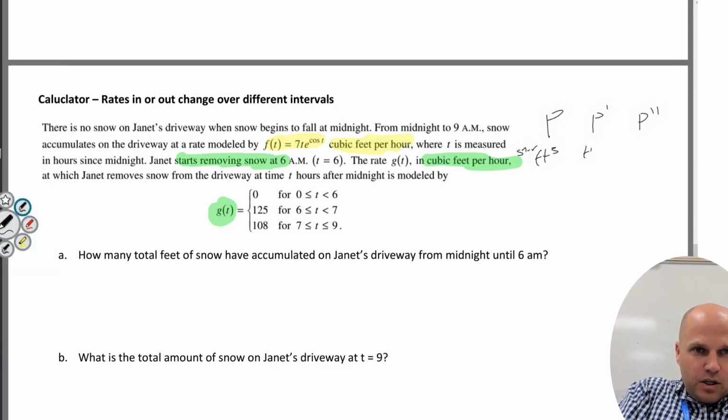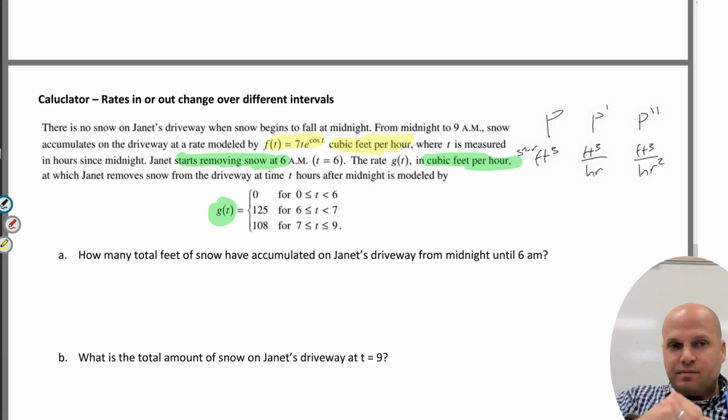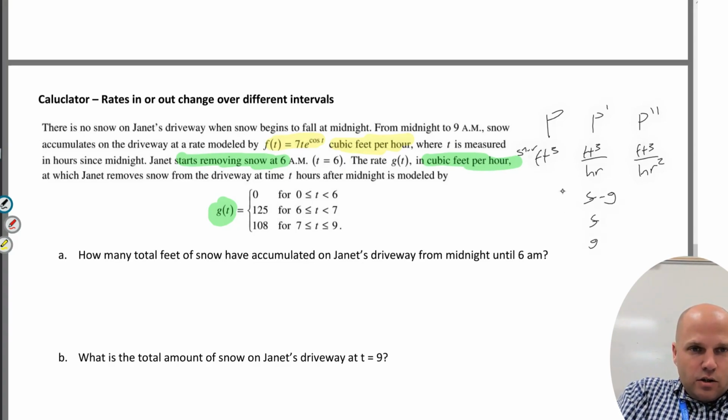My velocity would be cubic feet per hour, and my acceleration would be cubic feet per hour per hour. We understand that both F and G are rates of change, which means if you plug in values into F and G, you get cubic feet per hour. If you accumulate it, you'll get cubic feet. If you take the derivative of it, you'll get cubic feet per hour squared.